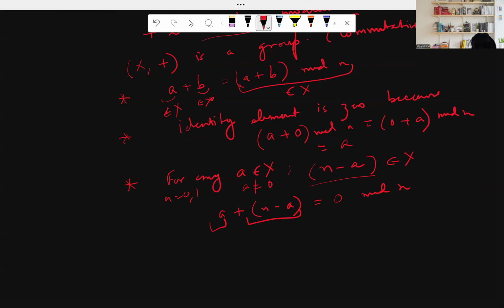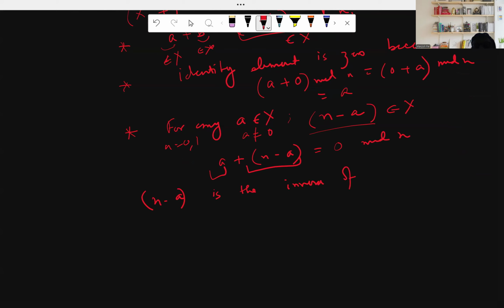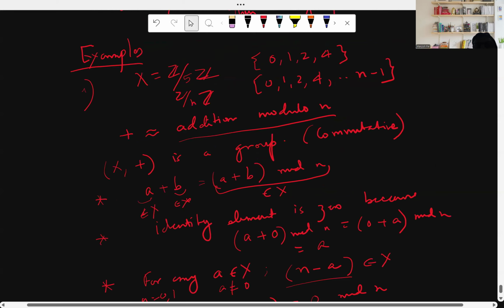So basically n minus A is the inverse of A in X. So all the conditions of a group are satisfied. Hence we have verified that this example is a group.